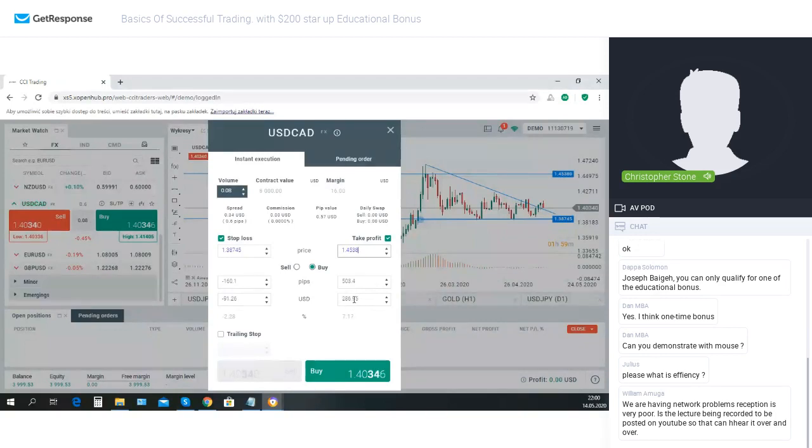So now in this particular case, our profit is much more than risk. Our gain is more than risk. So this is when our risk reward ratio is below 1.0.